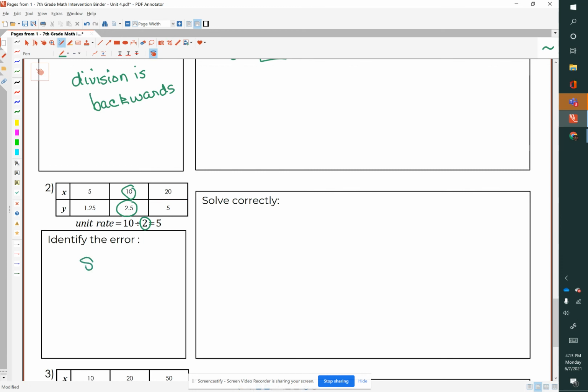It should be 2.5, but it's also backwards. So let's solve it correctly. We'll start with 1.25 divided by 5, which will equal 0.25.